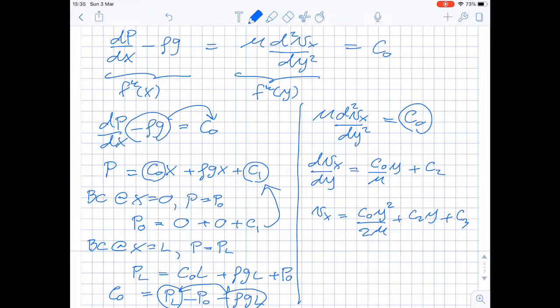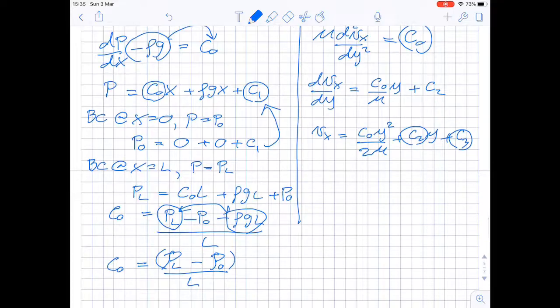Now we need two boundary conditions for two variables C2 and C3. Keep in mind that C0 is already known. So what should be the boundary condition? Same as what we did. At y equal to 0, Vx is 0. So taking Vx to be 0, y equal to 0, first term is 0, second term is 0, then you have C3.